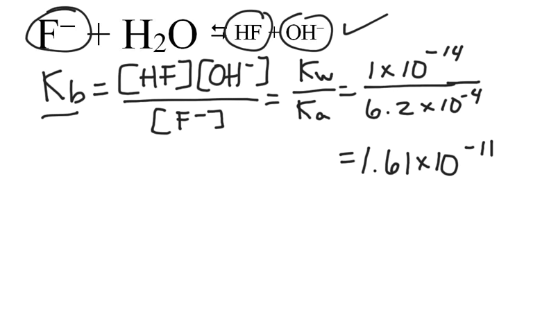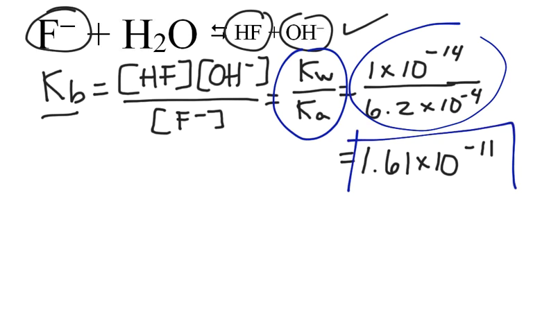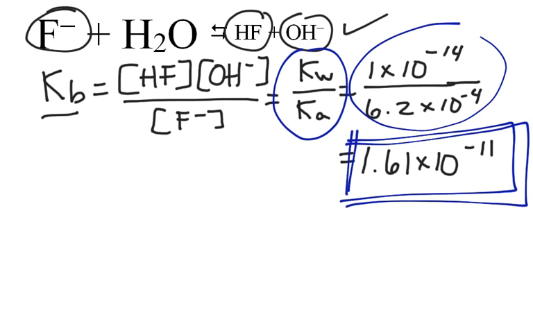And we can calculate that with the idea here that Kw over Ka gives us the Kb. So remember that the constant for water is equal to the constant of an acid multiplied by the constant for its conjugate base and vice versa. So we just throw those numbers in, and here's a number that we're going to need. So that is the Kb for fluoride.